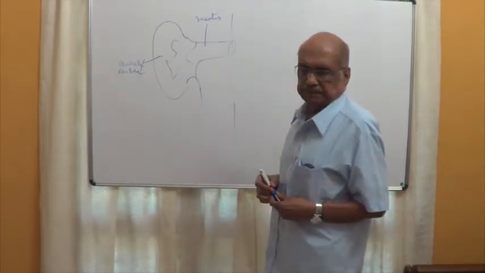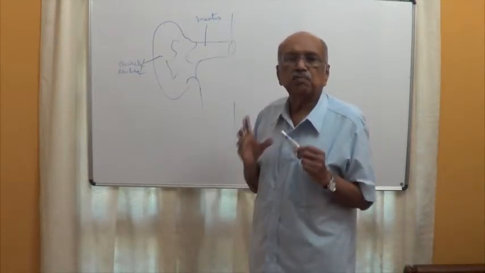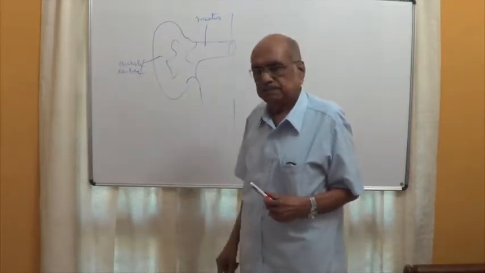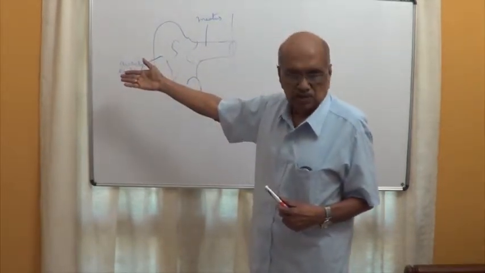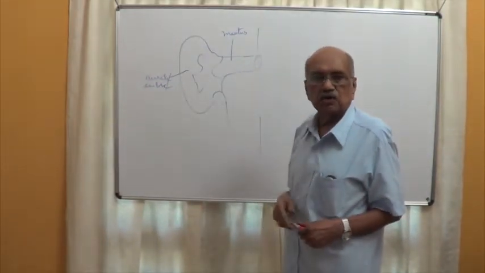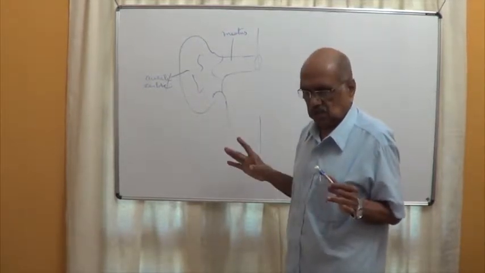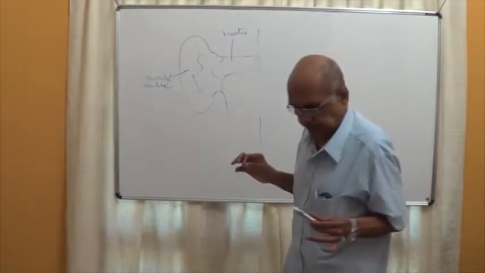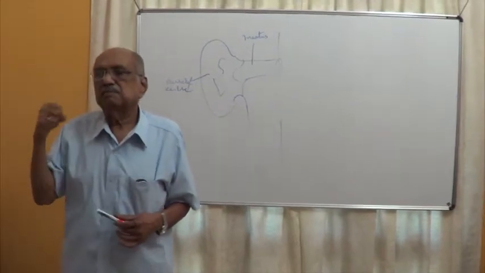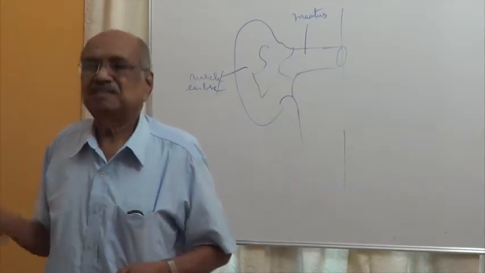Meatus is a canal. We have referred to it, and we also said that the meatus is protective. Not only does it conduct sound waves, airborne sound, and we said it has ceruminous glands which secrete wax, waxy cerumen, which accumulates, dries up and falls off on its own in a majority.